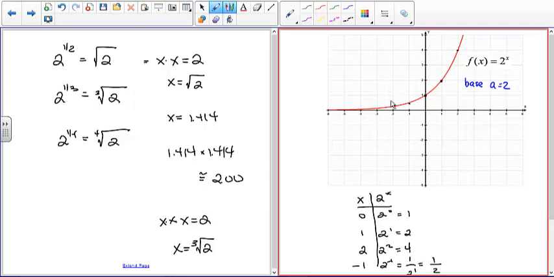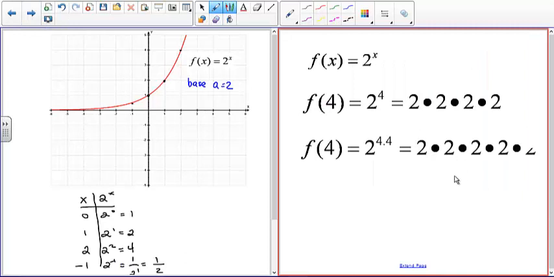They all have this general shape. As you go toward larger and larger negative x, it approaches 0, and as you get larger and larger positive x, it increases very quickly, exponentially.